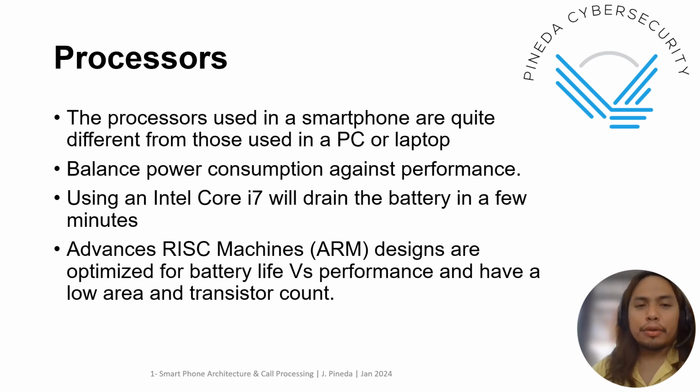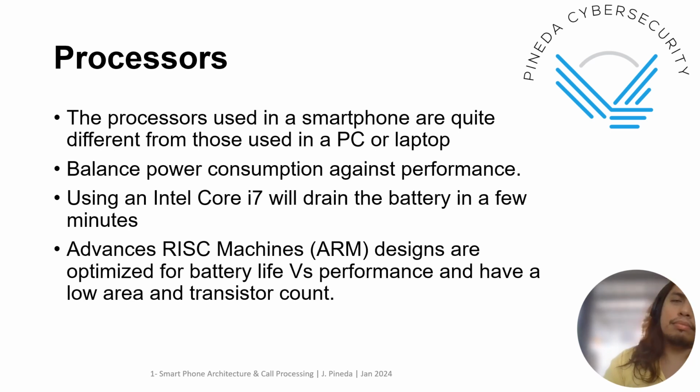And then we go to processor. So when we talk about processors, okay, it's used in a smartphone, it's used in a computing device in general, no? But these are different from the ones that we use in the PC. Okay, because the primary challenge would be the power consumption and performance.